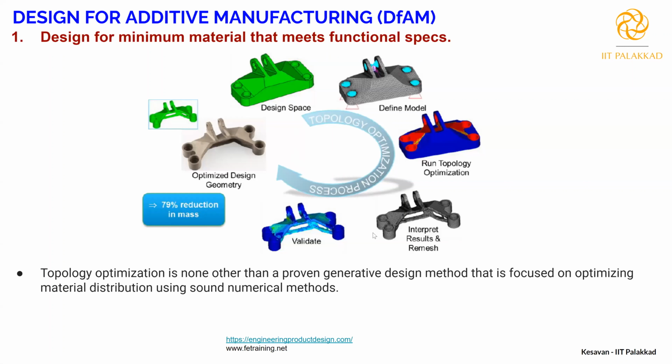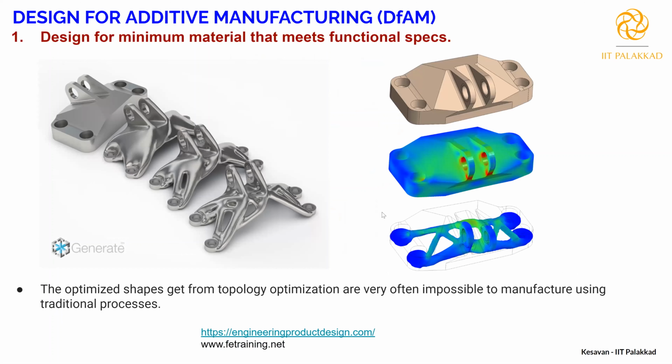So this is one optimization which has to be done for any component that you put into additive manufacturing. It is a very important optimization. Here is the same example: this is the conventional design, whereas by introducing design for minimum material, you see the bracket has changed.